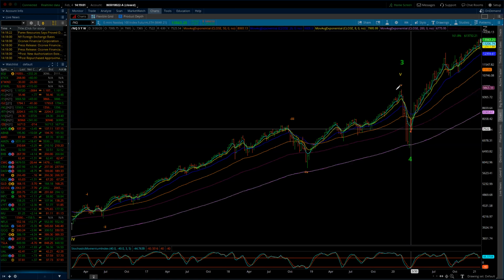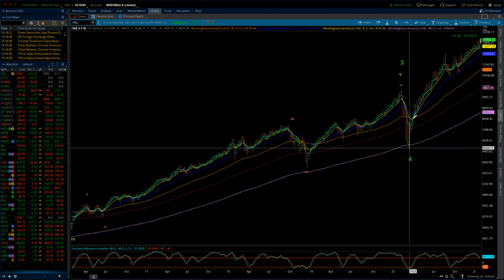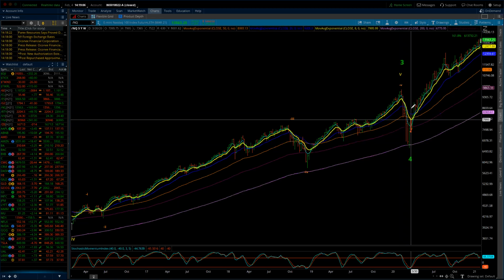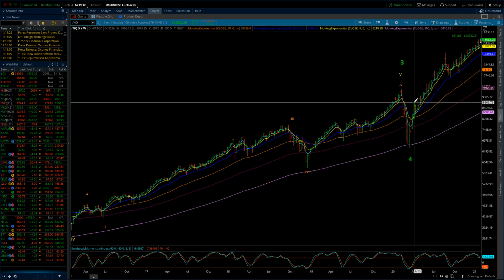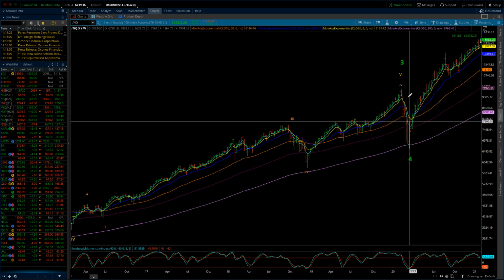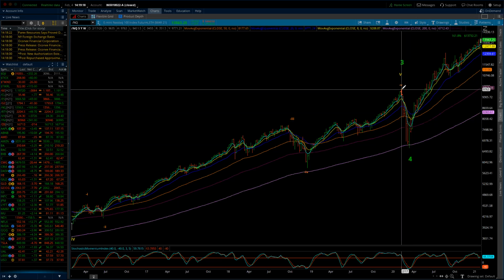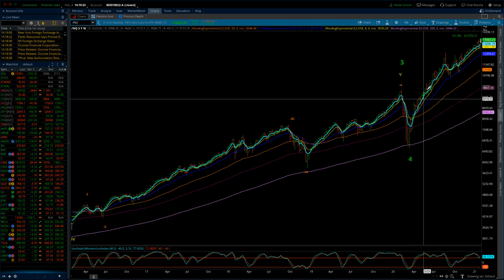So if it was truly just an ABC, I would expect that we had the possibility to rally between 40 and 68%. Once you start moving above that 68% off that low, it's no longer going to be corrective. And then it started to get steep.